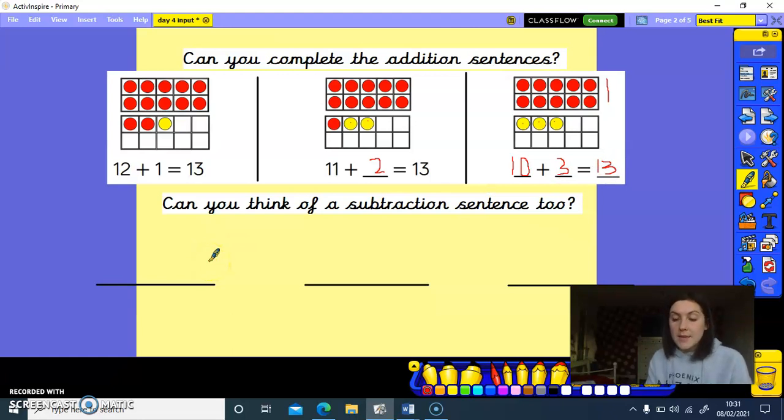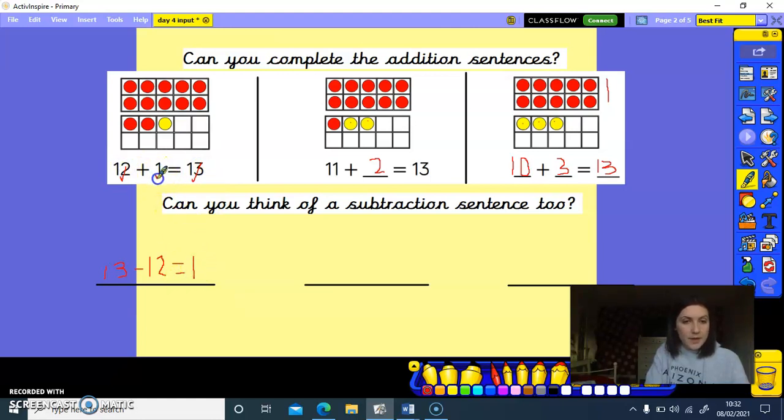And now we're going to make them into subtraction. So this one here, 12 add 1 equals 13. How could I make it into a subtraction? Well, the biggest number needs to go at the start. I then need what symbol? My takeaway symbol, and then I can choose either of these two numbers. I'm going to go with 12, which means it equals, if I've already used my 13, I've used my 12, it equals 1.